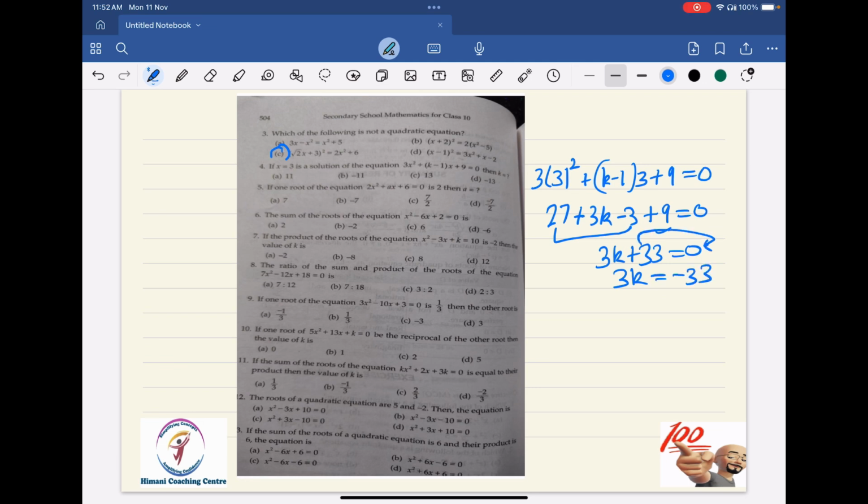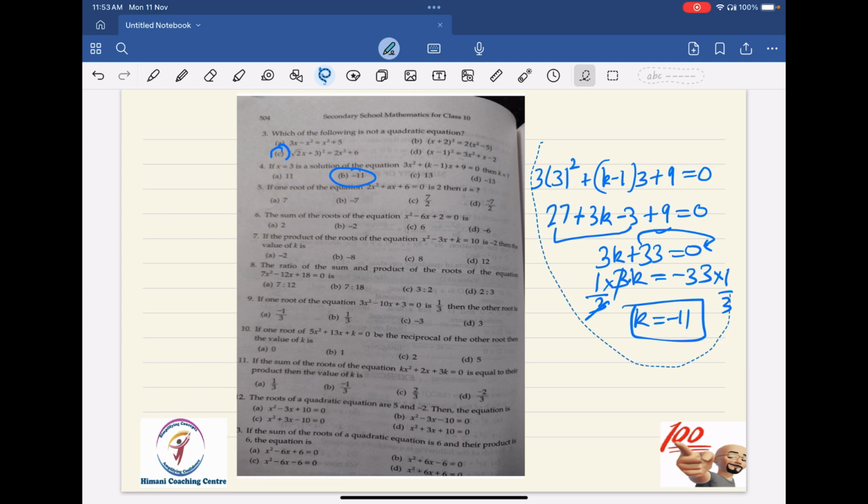Plus 33 goes to the other side. The sign changes. And now 3 is getting multiplied with k. So in order to get rid of 3, I need to multiply with 1 by 3. So k is equal to minus 11. Okay. So the answer for this is the value of k is minus 11.